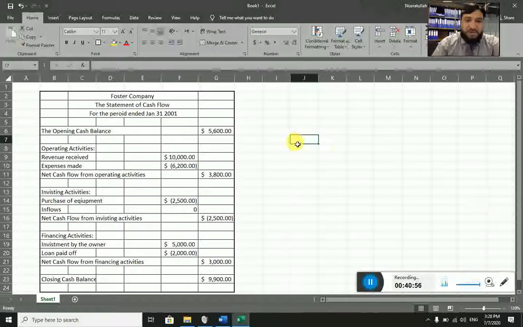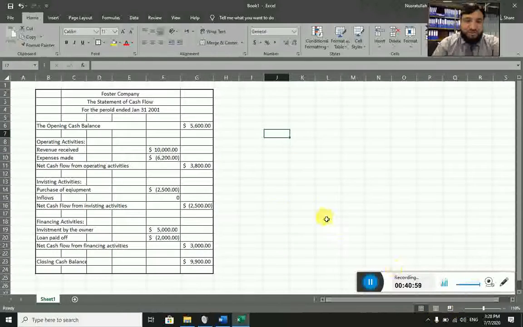That's our cash flow statement for Foster Company for the period ended January 31st, 2001. Right.